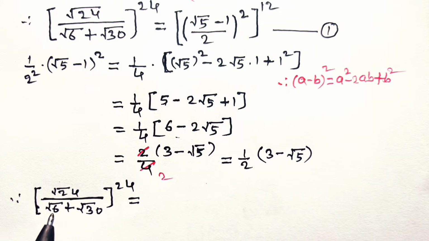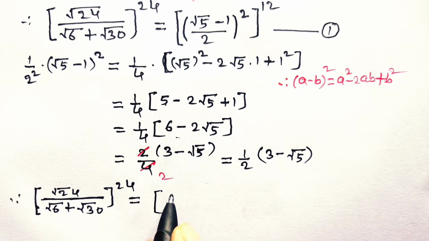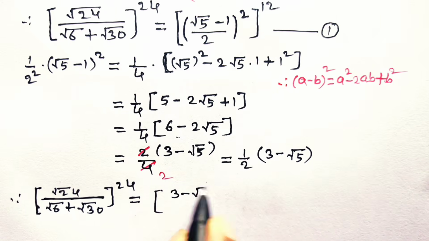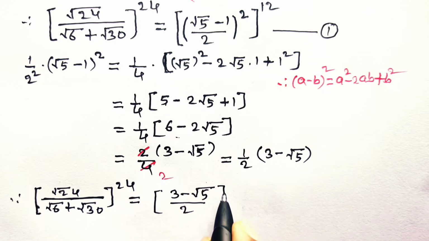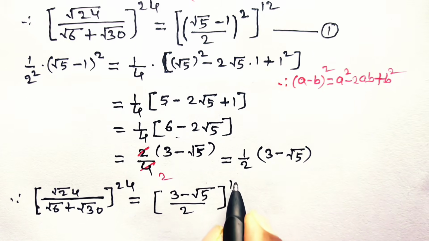Hence square root of 24 upon square root of 6 plus square root of 30, to the power 24, can be written as 3 minus square root of 5 divided by 2, its power 12.